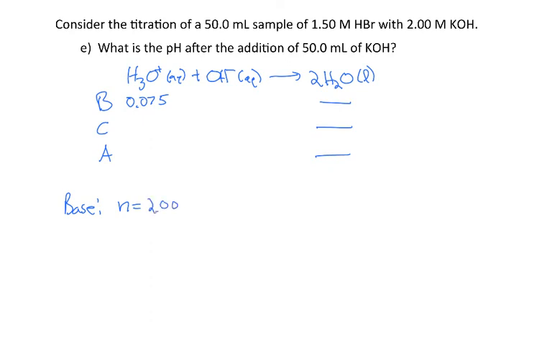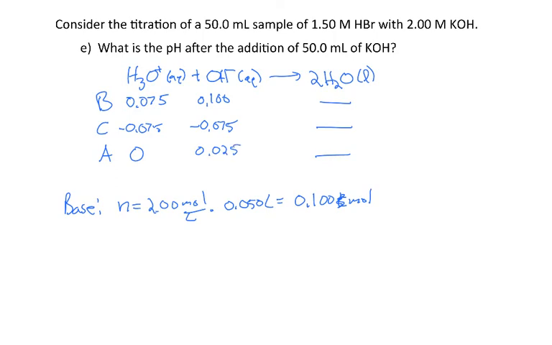So the molarity times the volume gives moles. All right, so now the H3O plus is the limiting reagent. So I'll have no H3O plus left and 0.025 moles of hydroxide.